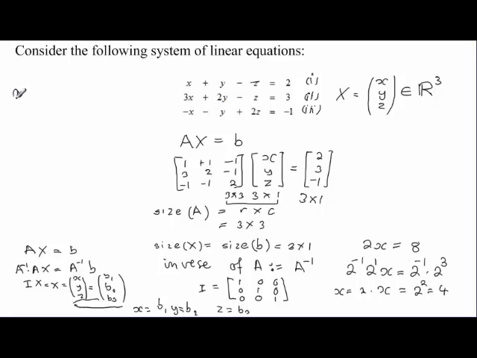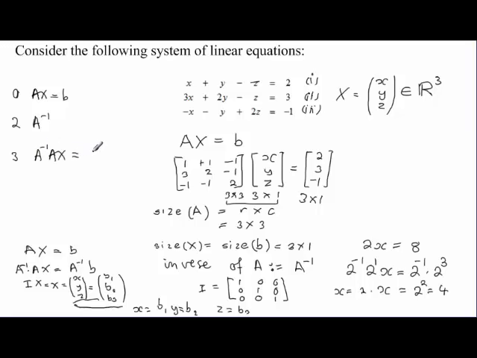So let's say initially we transform the equation to AX equals B. Number 2, we need to find the inverse. Number 3, we multiply both sides by A to the power minus 1.